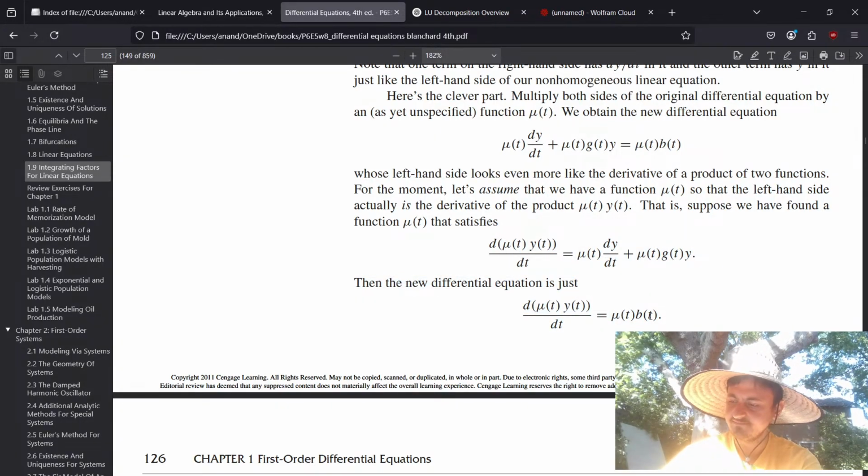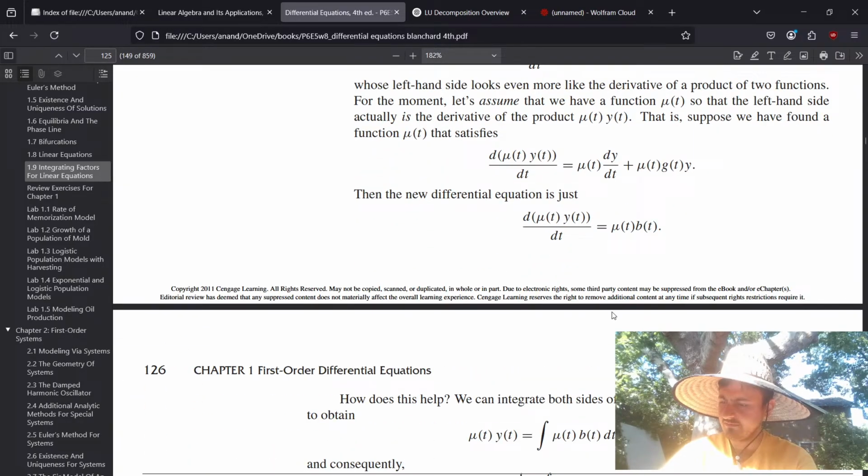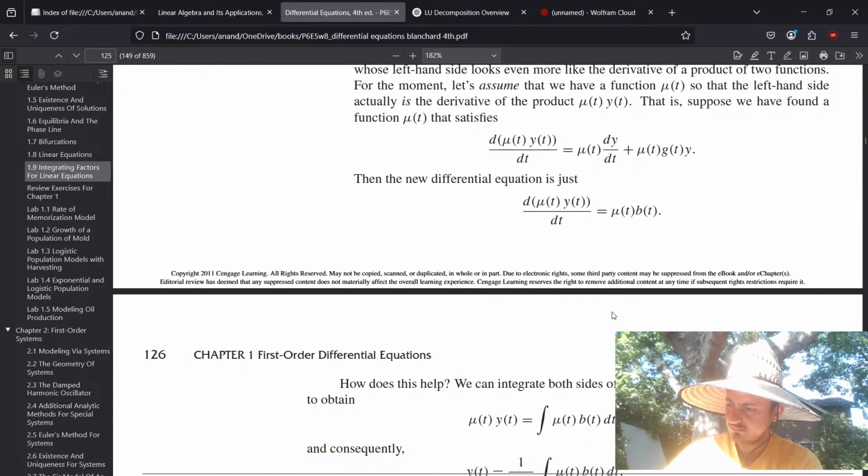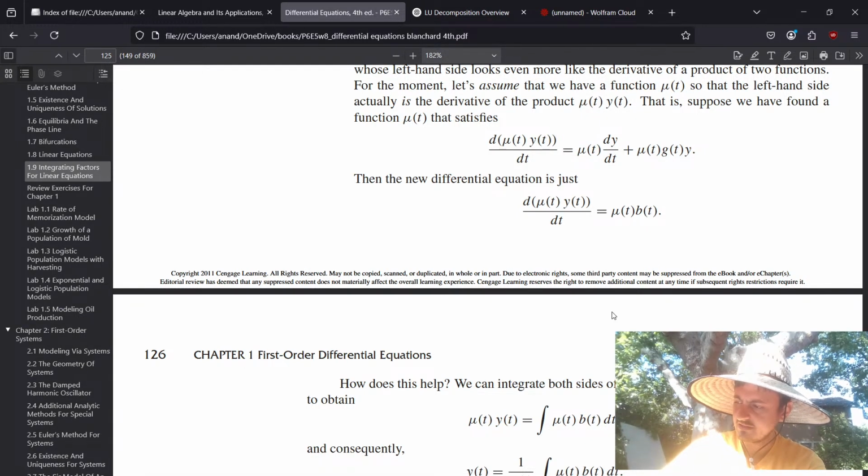So if we have this, then d dt of u y is equal to b u, then this is our new DE.